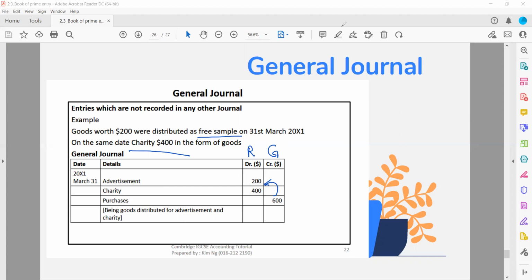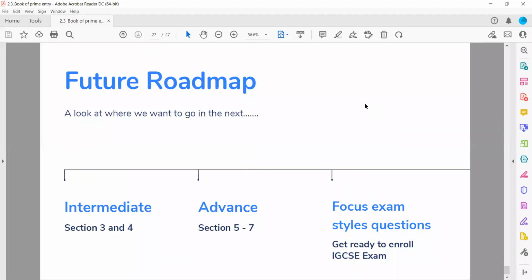Okay, now you will notice you have finished the foundation section. In this foundation, you have gone through section 1 and section 2. In section 1, you learned what the accounting equation is.